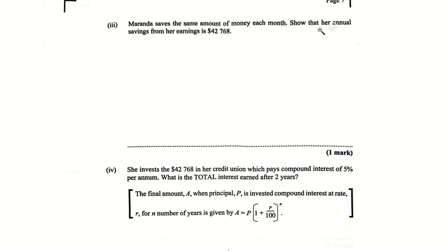So first off, annual savings: annual is for 12 months. We know that for 1 month it was 3/7 of the total amount.